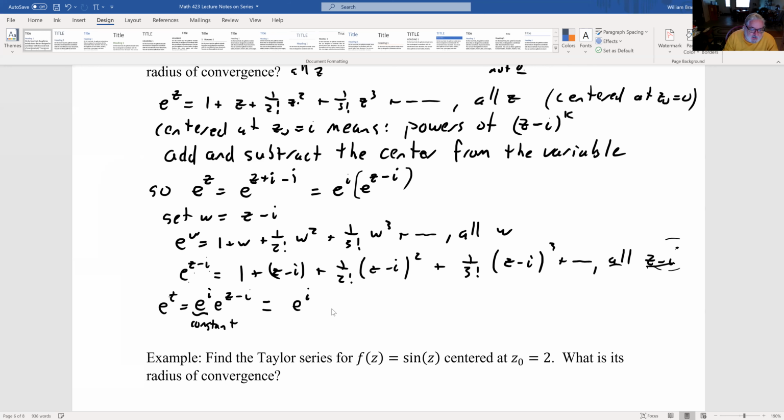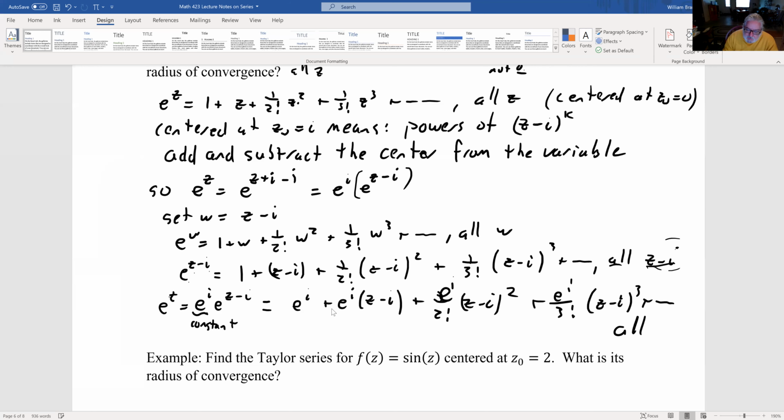So e to the i plus e to the i times z minus i plus e to the i over 2 factorial z minus i squared, oops, I forgot my e to the i, plus e to the i over 3 factorial z minus i cubed plus dot dot dot, for all z. Great, so now we have a series of e to the z in powers of z minus i.